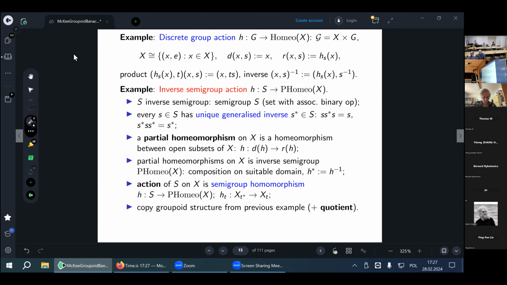In general, r and d are local homeomorphisms, and we want them to be actual homeomorphisms onto the image. Shouldn't it be called a local bisection? Perhaps, yes. Some people emphasize a global bisection. For me, bisection means local.